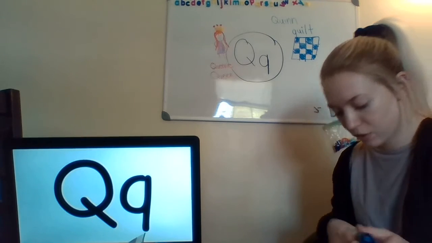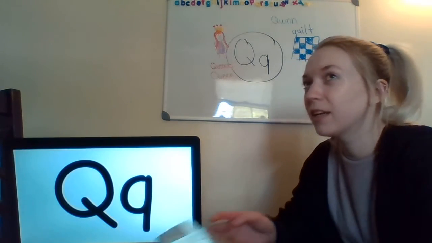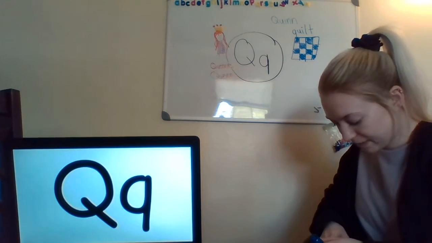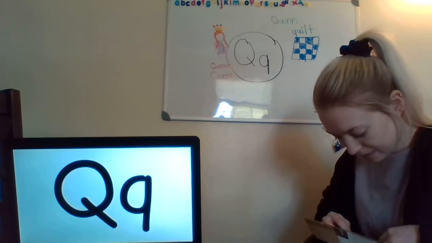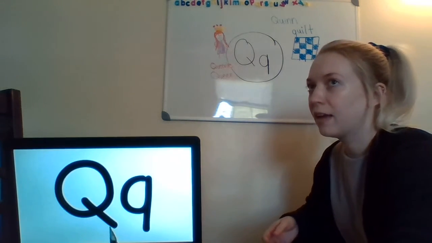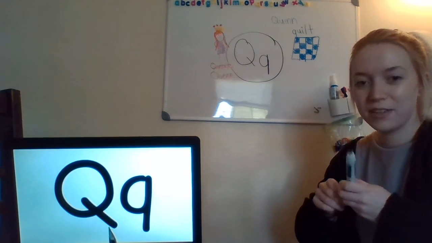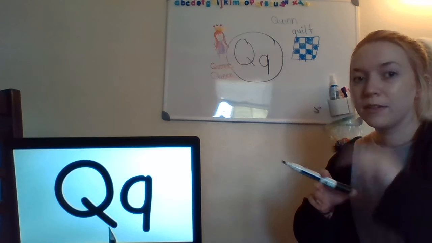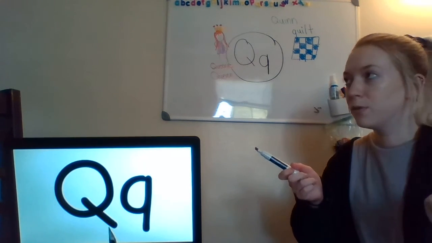What's something else we could draw? This one doesn't really make it. It's kind of tricky because it just kind of says the letter Q in its name. But there's something that you use that starts with the letter Q that you might use for your ears, or when you get hurt.